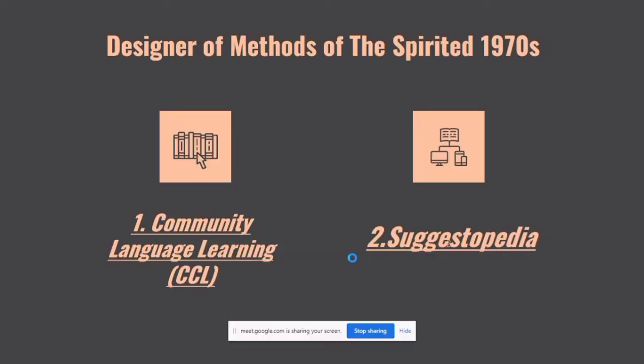Designer methods of the 1970s. The first one is Community Language Learning, or CLL. Charles Curran, 1972, created a classic example of an affectively based method, which he called counseling learning. The social dynamics of such a group were of primary importance.